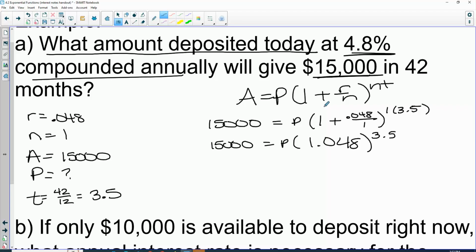Okay, then what would we do to find P? Okay, so 15,000 divided by the 1.048 to the 3.5 power.